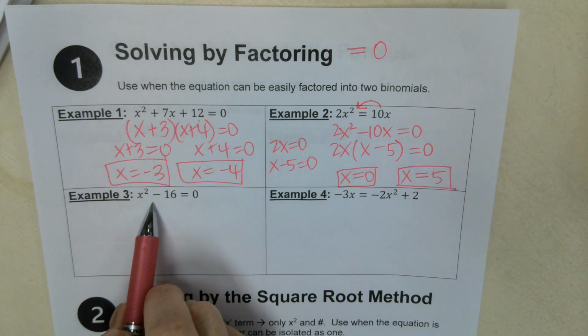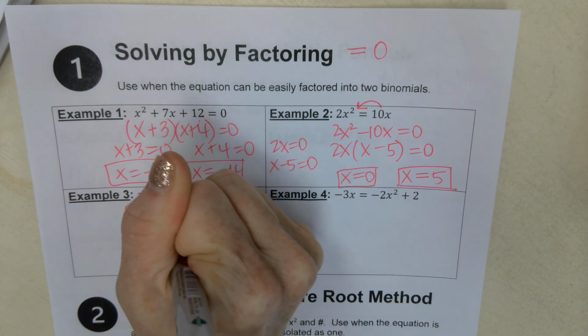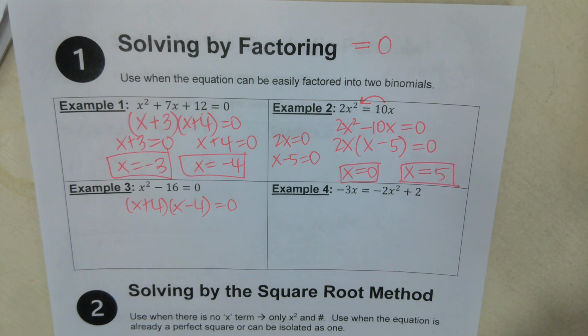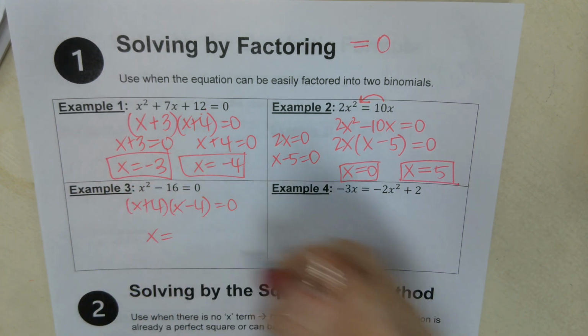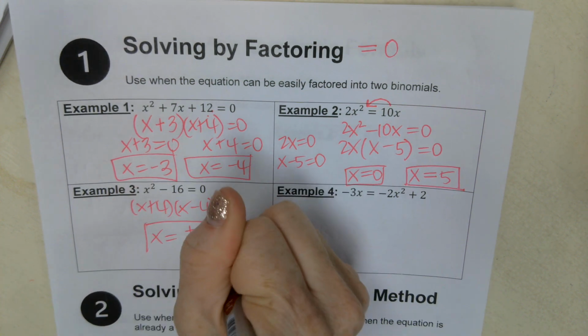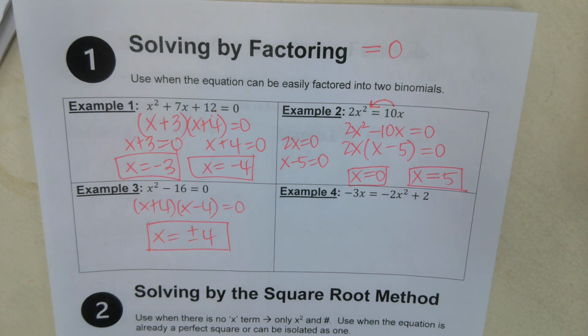I should recognize example 3 as a difference of squares. So that factors into x plus 4, x minus 4. So my solutions here are plus or minus 4, positive 4 and negative 4. You can list them individually, or you can put them together like that.